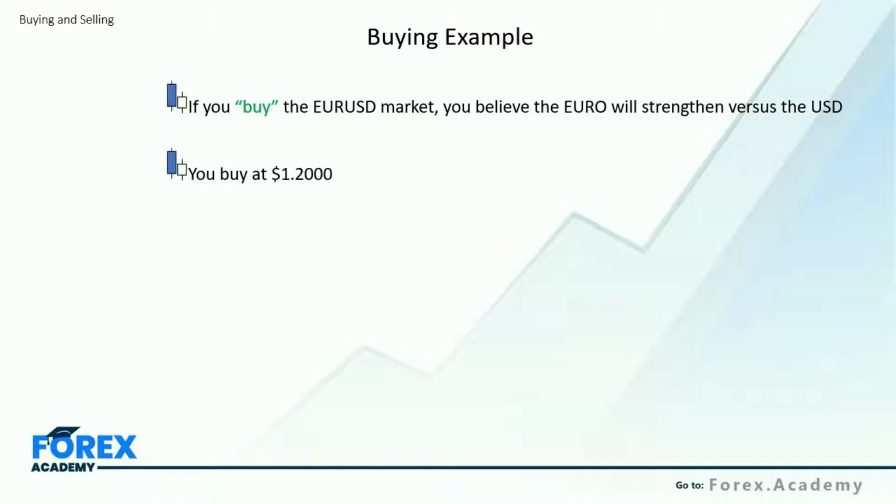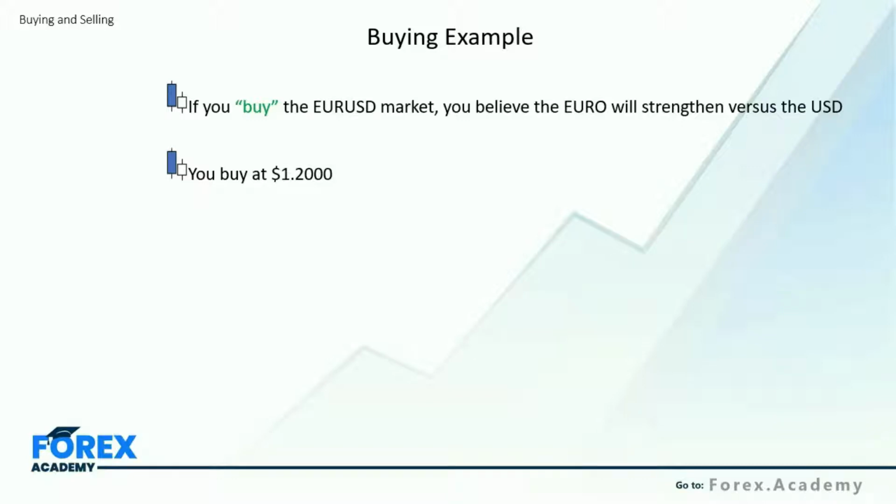So what you might end up doing is buying that market at 1.2000, and the quoted price that you'll see on any particular price chart, the price that you're seeing is what you're able to exchange €1 for.